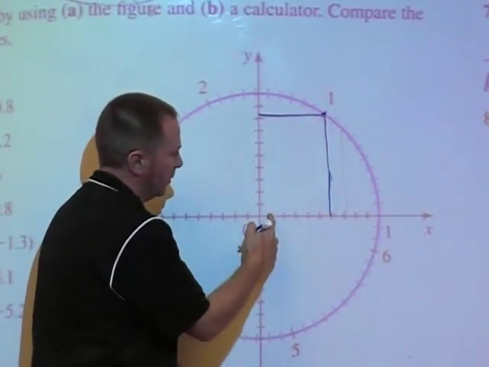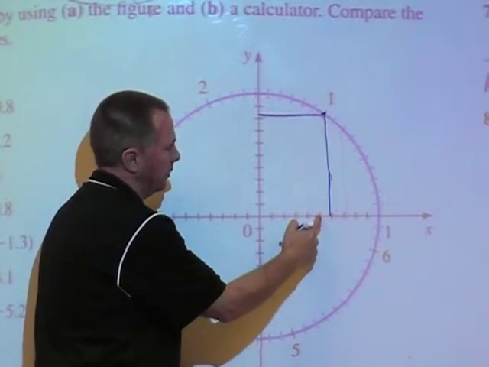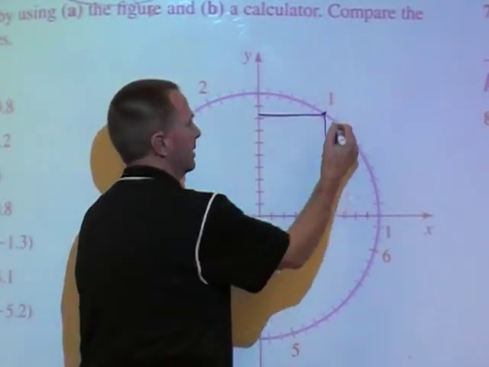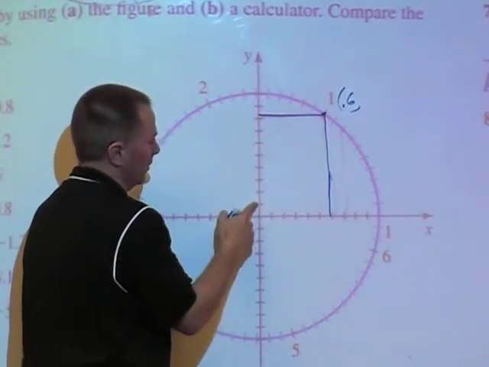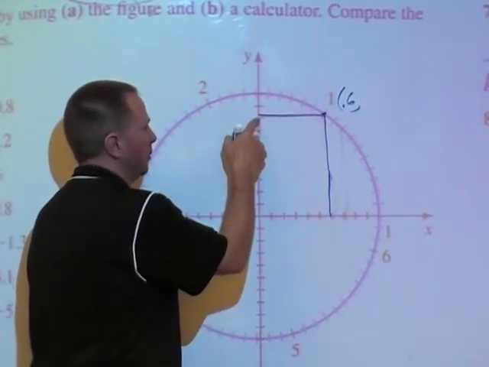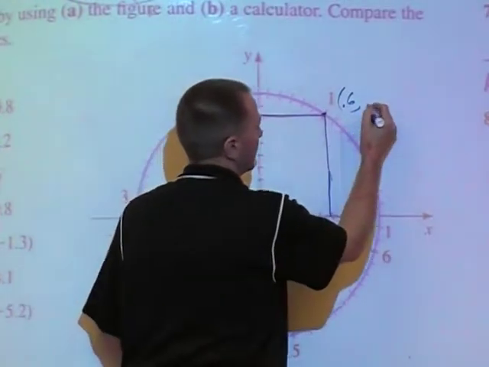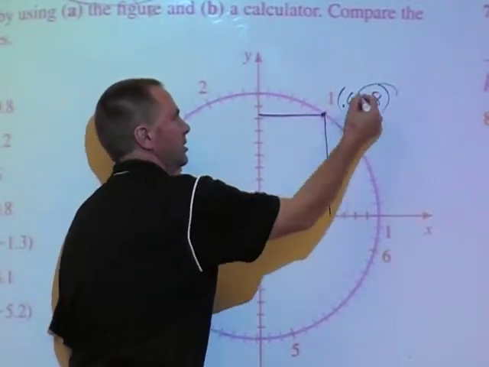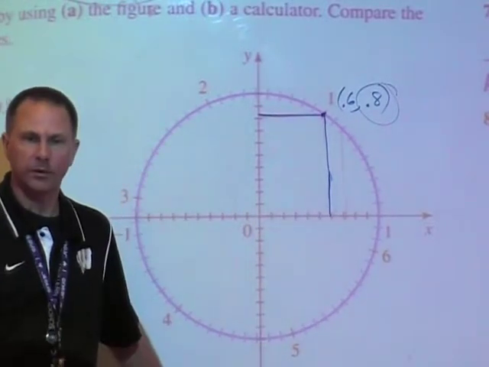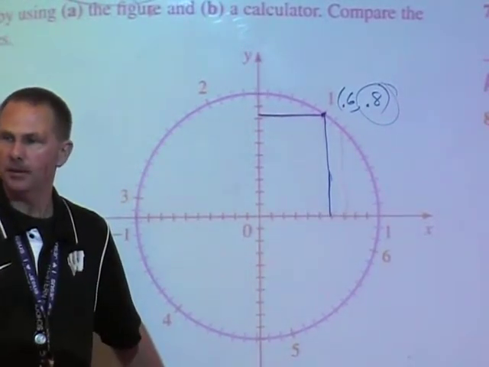So what is this? 0.1, 0.2, 0.3, 0.4, 0.5, 0.6. That's x. The y value is this right here. 1, 2, 3, 4, 5, 6, 7, 0.8 something. I'm approximating. So the sine of 1 is just my y value, 0.8.